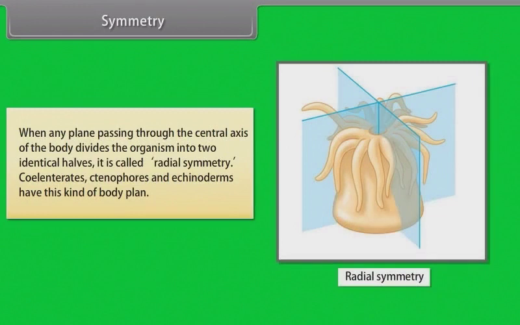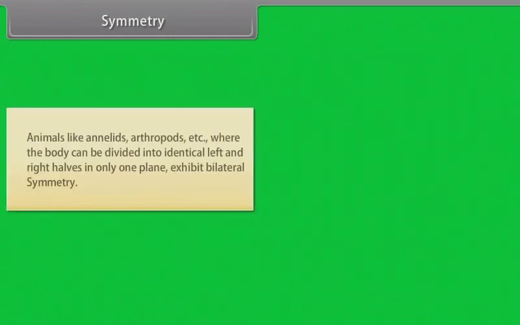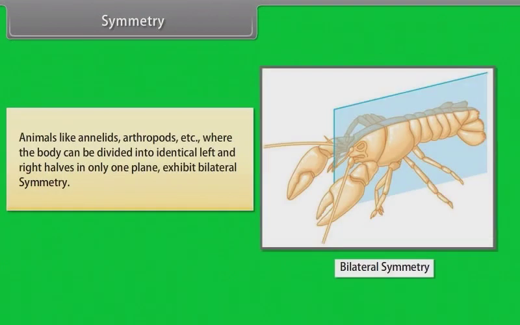When any plane passing through the central axis of the body divides the organism into two identical halves, it is called radial symmetry. Coelenterates, ctenophores, and echinoderms have this kind of body plan. Animals like annelids, arthropods, etc., where the body can be divided into identical left and right halves in only one plane, exhibit bilateral symmetry.